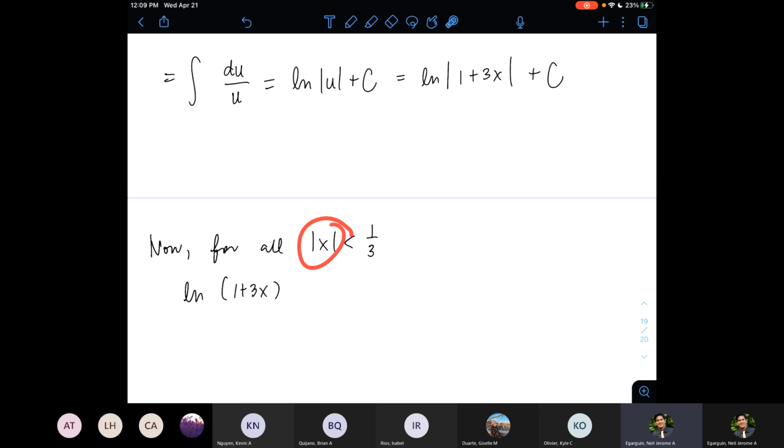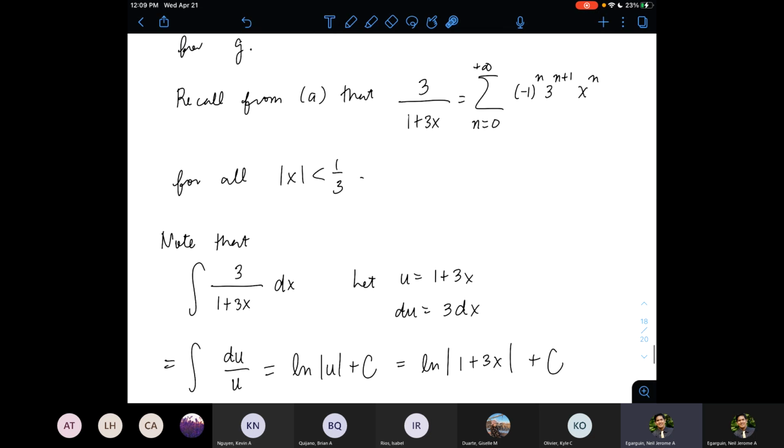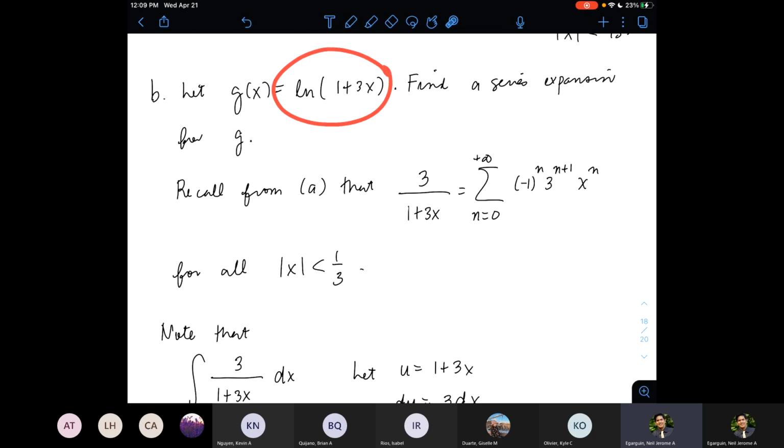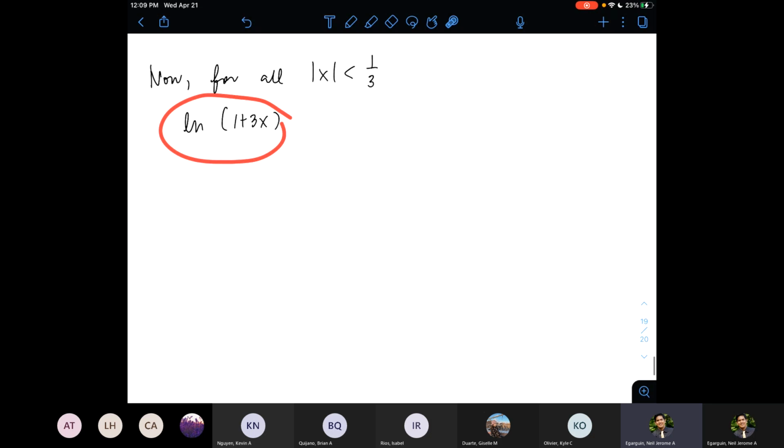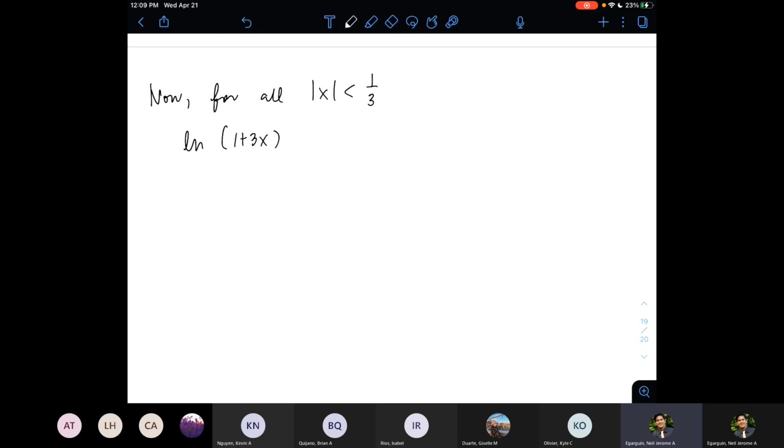Since the magnitude of x is less than 1/3, I'm sure that 1 plus 3x will always be positive. So that's why I got rid of the absolute value bars here, which I wanted because that's the given function g. So we know that this is equal to the integral of 3 over 1 plus 3x dx.